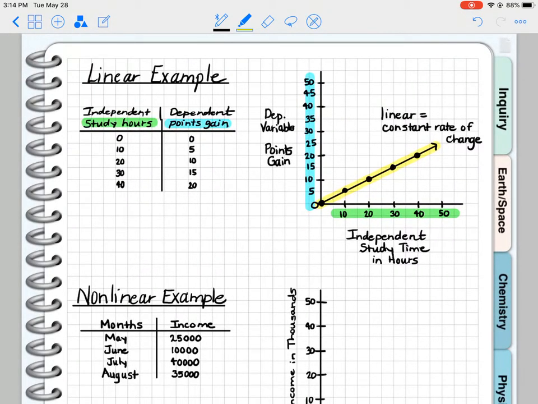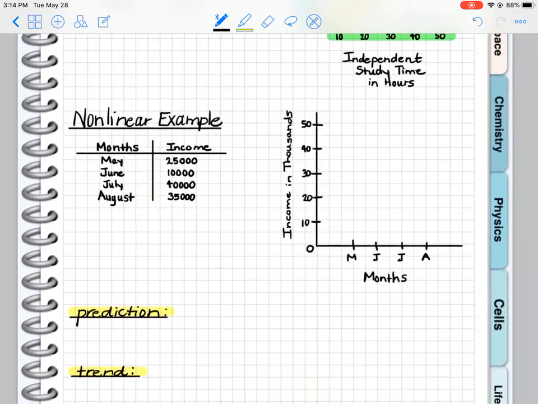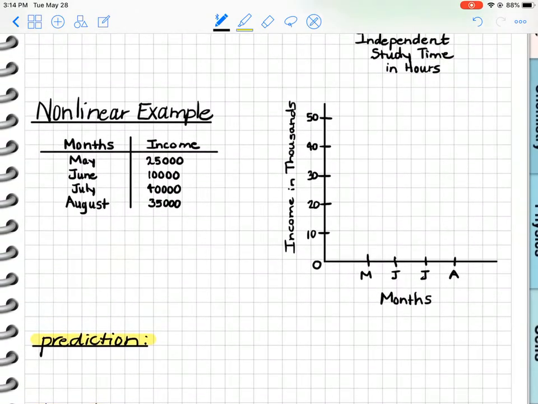So let's look at a nonlinear one. What's going to happen if that rate of change is not nice and pretty and straight and neat? I still like these. Okay, remember, the independent variable is going to go on the horizontal axis, and the dependent variable is going to go on the vertical axis. And in this particular one, these are not really dependent and independent. They're more just showing you a relationship between two variables.